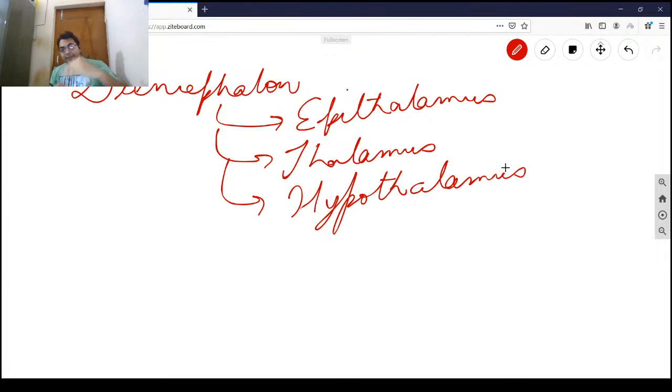Subarachnoid means under the arachnoid space, where we have the cerebrospinal fluid, below the arachnoid and on top of the pia membrane. So the way to comprehend it is epithalamus, then hypothalamus. Always remember this.